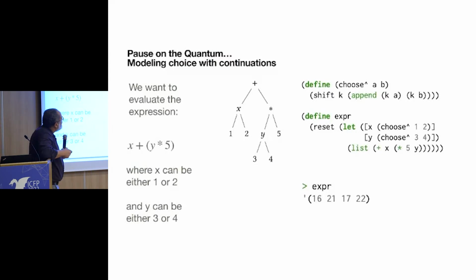Somebody is waiting for my choice, and that is K. So I'm going to give K an A, and then give a B. And for this slide, I'm just appending the choices. So this is not quantum. This is just a classical way of evaluating all the choices and making a list of all the choices. So you run this thing in Racket, and you get the list of all the choices.